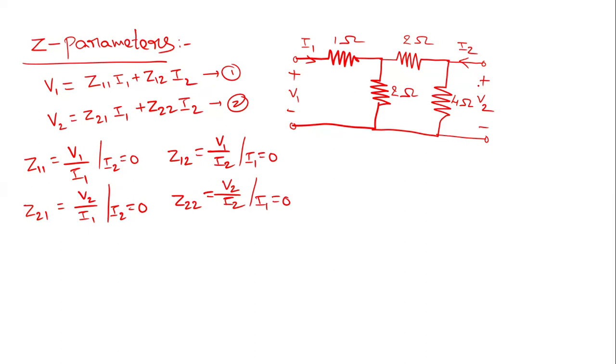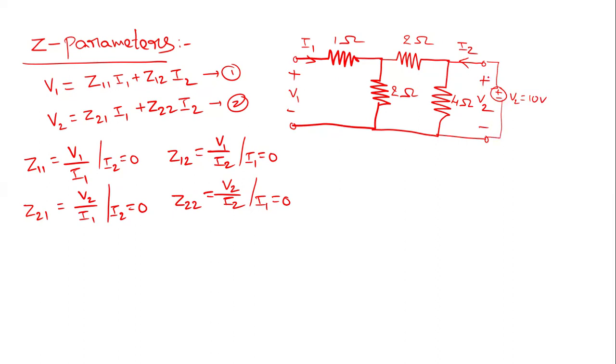In this circuit, if you apply I2 0, it means this output port is open circuited. If you open circuit this, any source V2 that is connected will be disconnected. For example, here the source V2 is present, let us consider 10 or 20 volts.